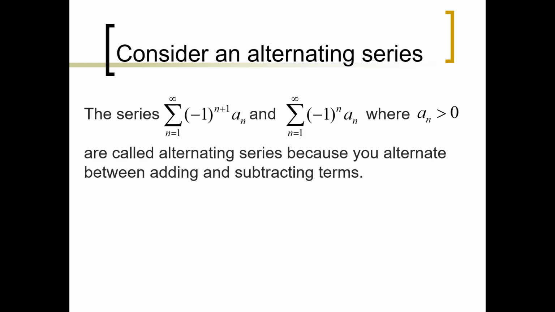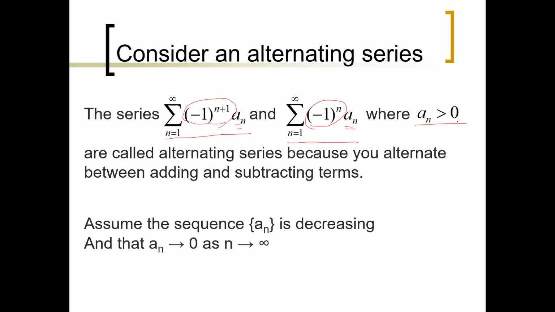You can write those two series this way: one where you start with a positive term and one where you start with a negative term. This portion right here is what creates the plus and the minus, because the portion in back is always positive.